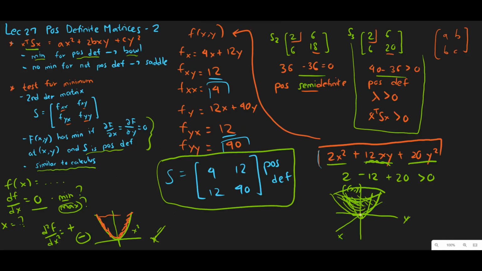Obviously at x and y equal to 0, 0, f_x will be 0 and f_y will also be 0. So with this test for the minimum, we know that the second derivative matrix fulfills all its conditions. Therefore, this function has a minimum, since the matrix is positive definite.